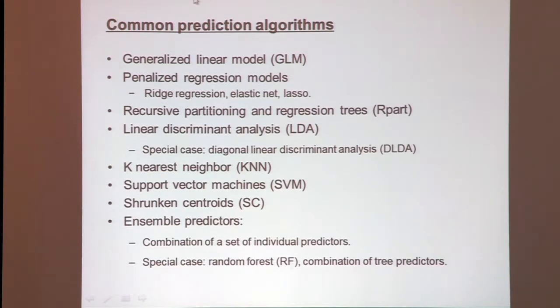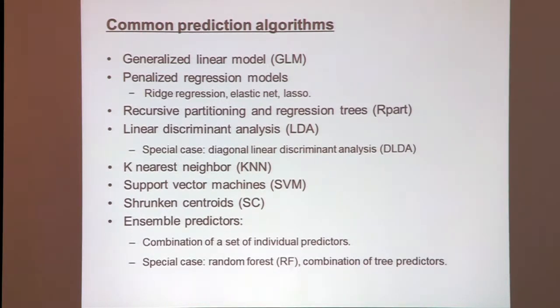Now, there are well-known common prediction algorithms. For one thing, just plain old generalized linear models. For example, logistic regression is very popular, and the truth is it works really well at predicting binary outcomes. There are much more sophisticated approaches based on penalized regression models, for example, elastic net and lasso.